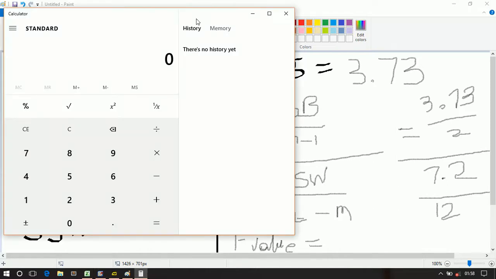Let's solve the F statistic in the calculator, which is 3.73 divided by 2, and that gives us 1.865. So I need to divide 1.865 by the result of 7.2 divided by 12. Let's do that now.